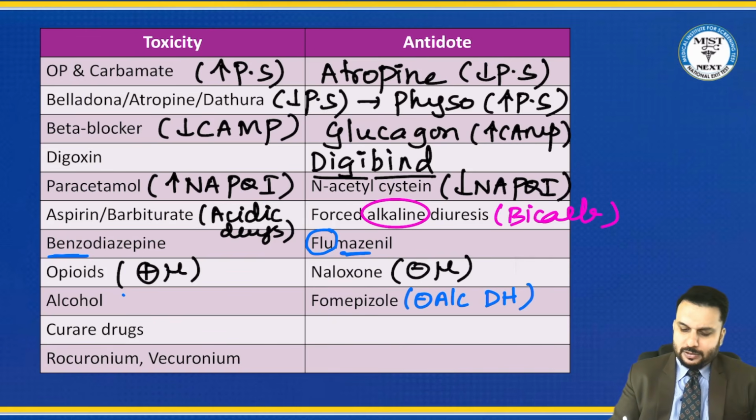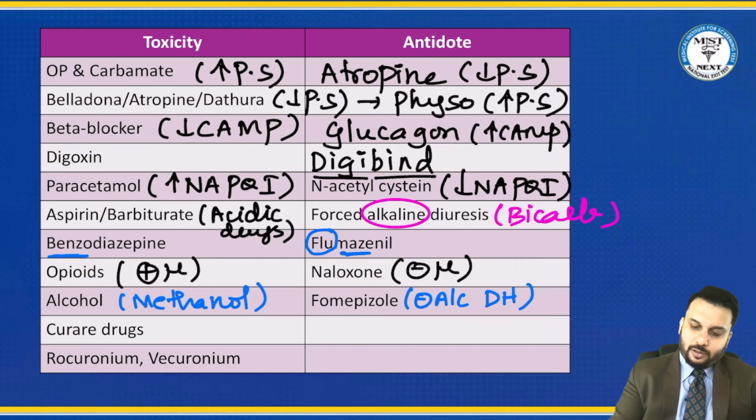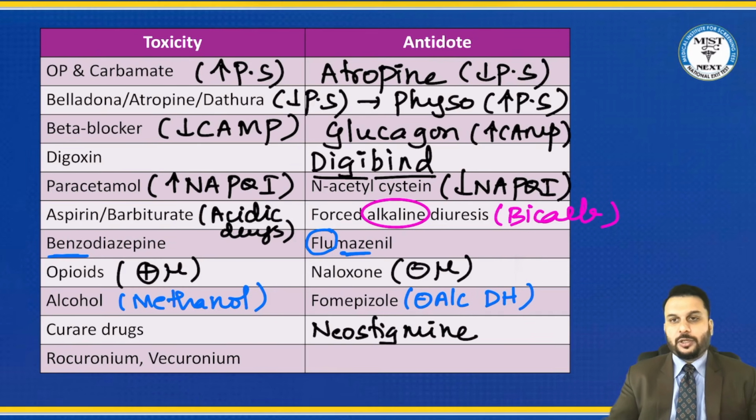Okay, basically this is what we treat. Methanol poisoning we have to treat. Okay, curare drugs. Curare drugs, if you remember, there is an antidote called neostigmine. There are many curare drugs. The treatment given is neostigmine.